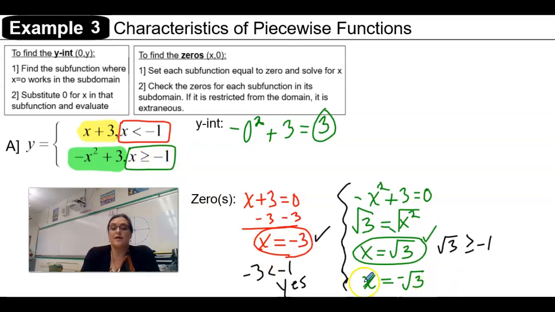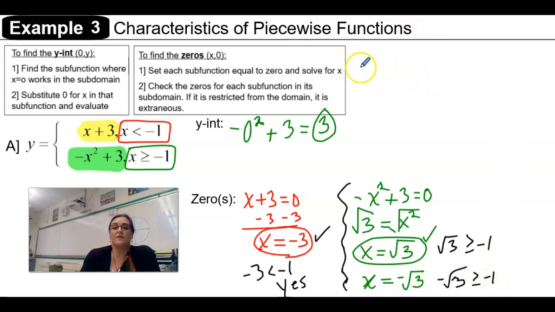Now when I try the next one, is negative square root of 3 greater than or equal to negative 1? So now we do need to have at least an estimate of what negative square root of 3 is in order to compare it to negative 1. But we don't have to rush to grab a calculator.